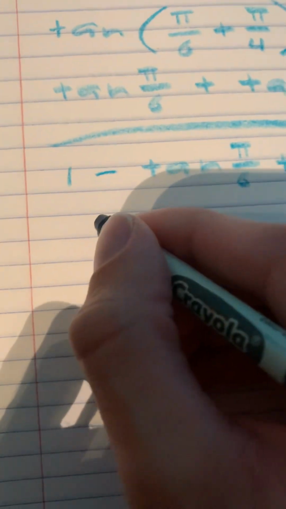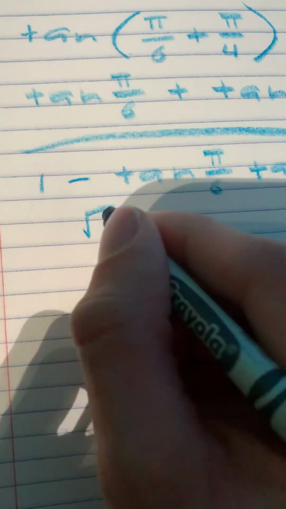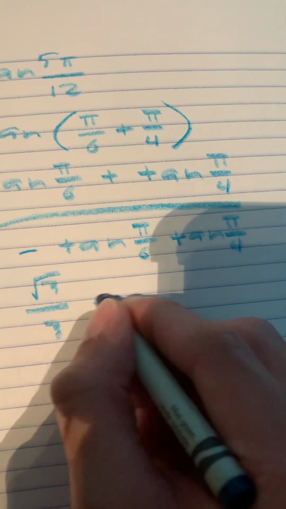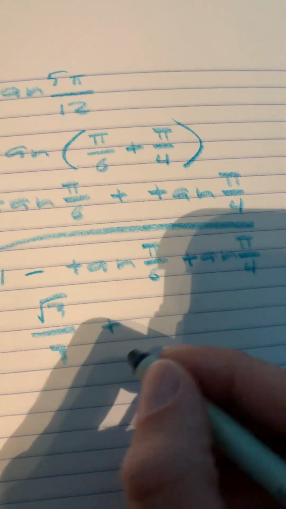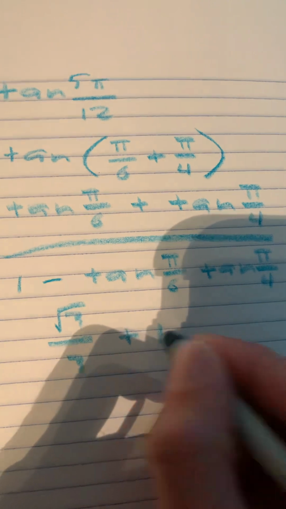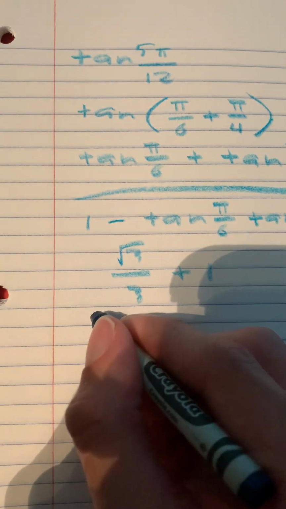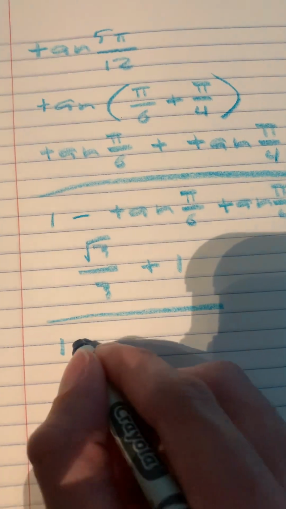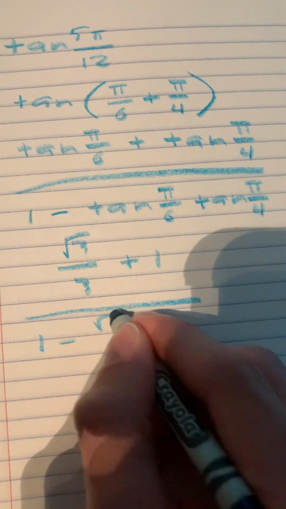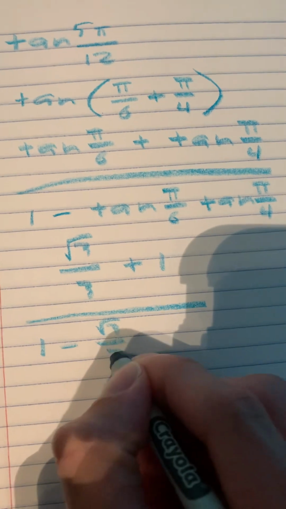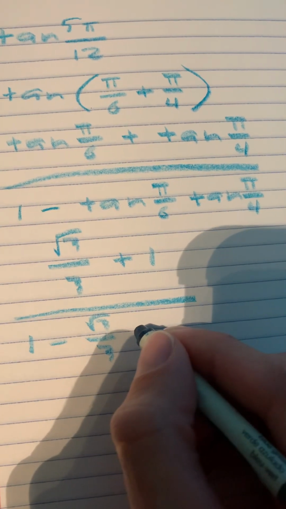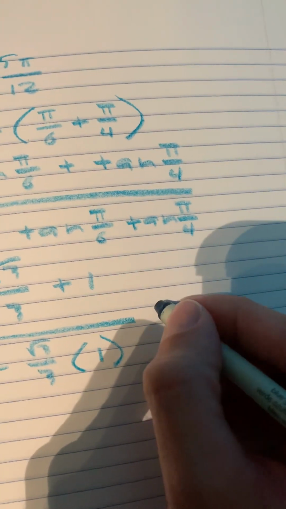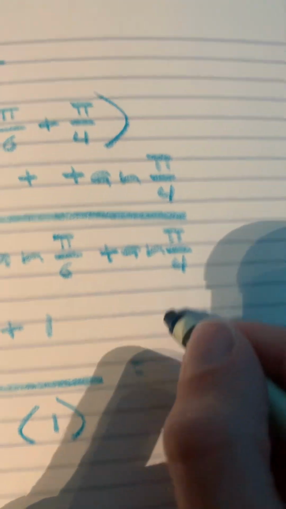Yeah, tangent of pi over 6 is the square root of 3 over 3, plus tangent of pi over 4, which I know is 1. Easy enough. And we have over 1 minus root 3 over 3. Tangent of pi over 4 is just 1.